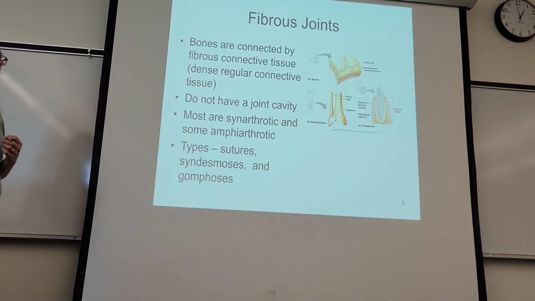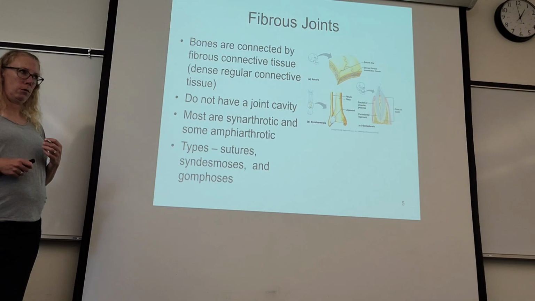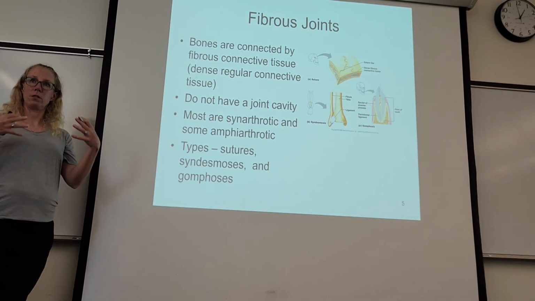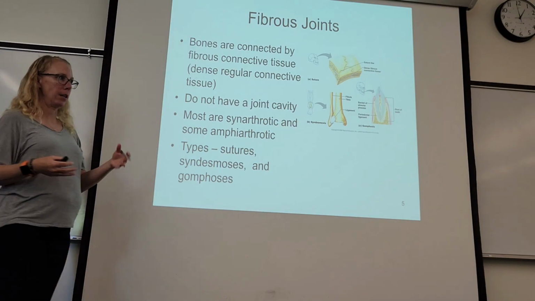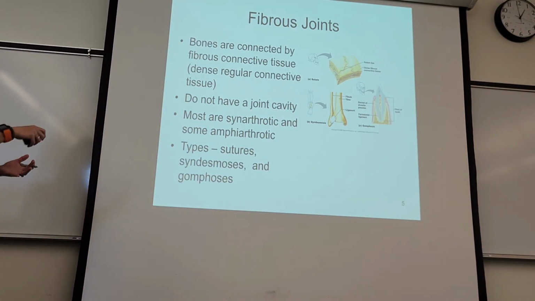Do we typically have movement at sutures? No. Sutures are designed to just connect the flat bones of the skull together, right? Sagittal suture, squamosal suture, lambdoidal suture, frontal suture. Syndesmosis is another example, and I'll give you some examples of that, and then gomphoses. Gomphoses is the one we're going to find in the mouth.